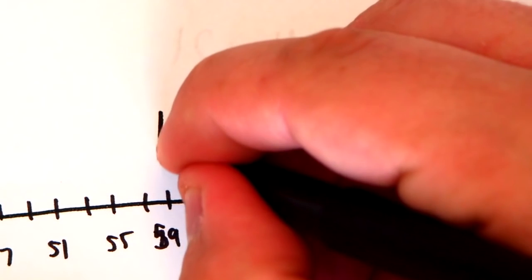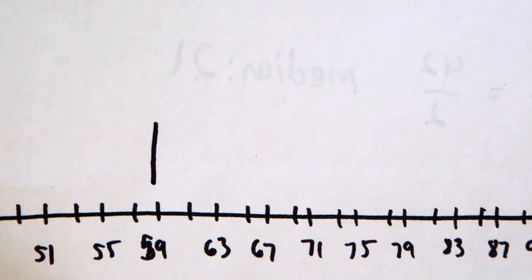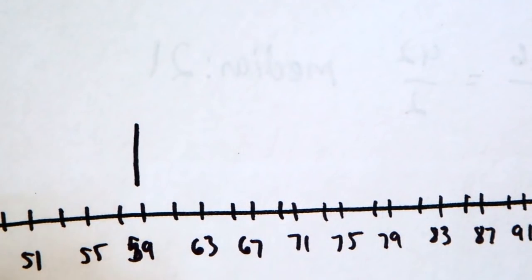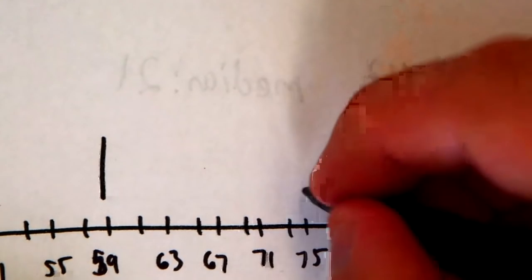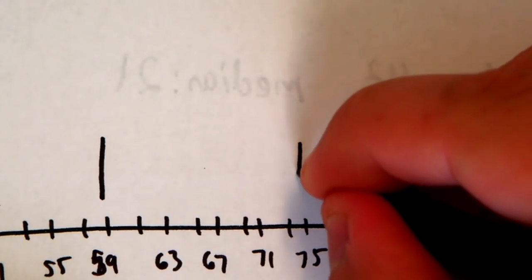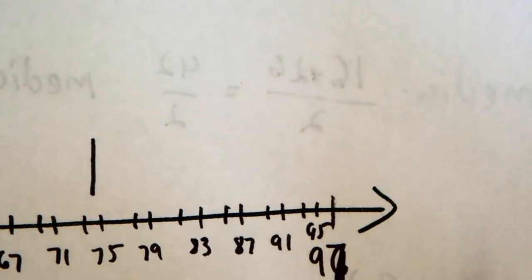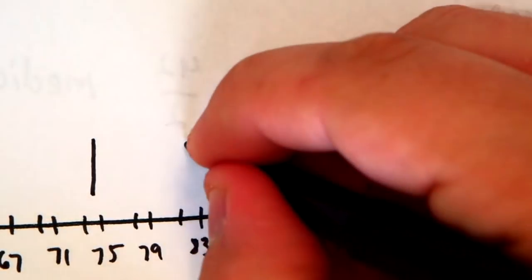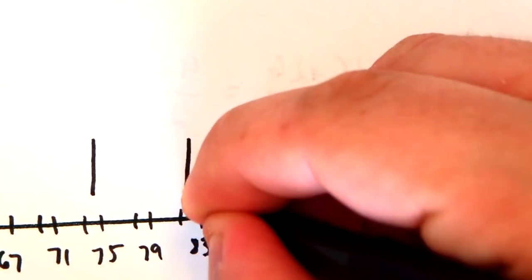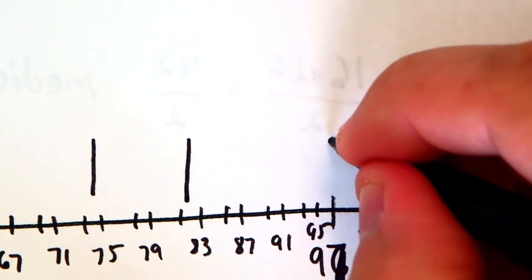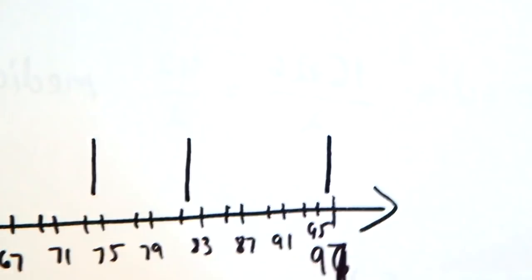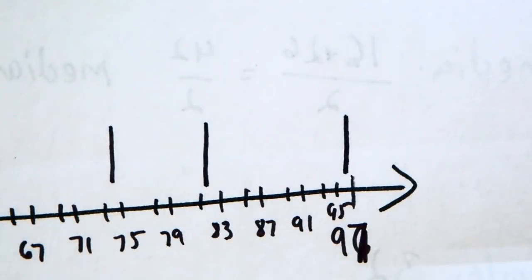The next number that comes up is 58.95, which is almost to 59, but not quite. Next one that shows up is 74.1, which would be over in this area here. Then 81.4, which would be just over here. And last but certainly not least is 95.5, which would be just about there.